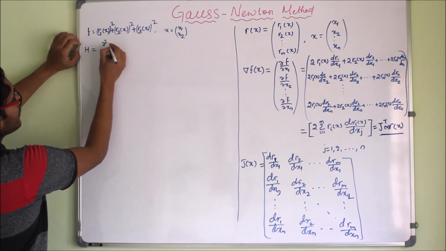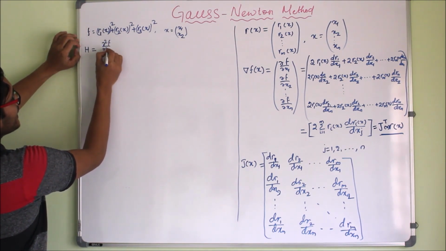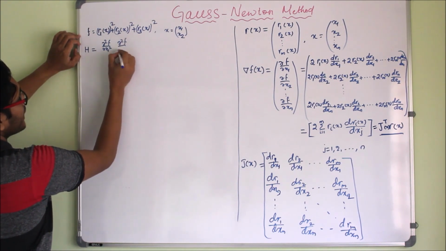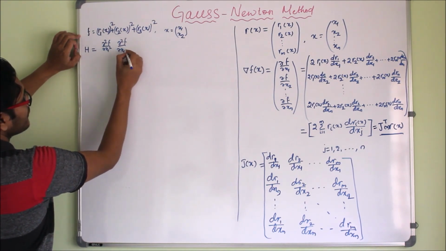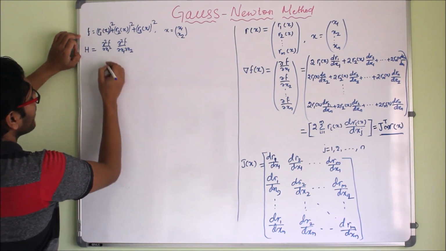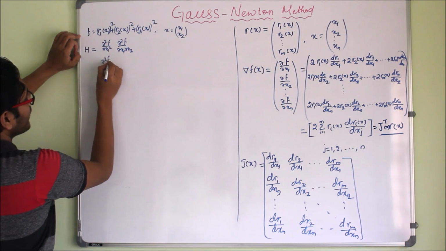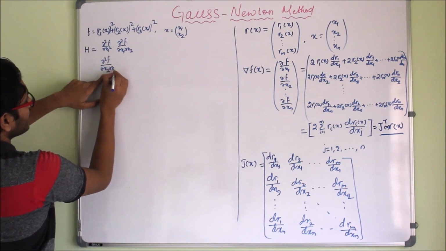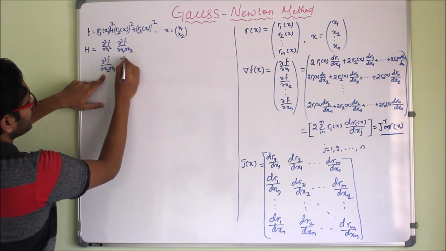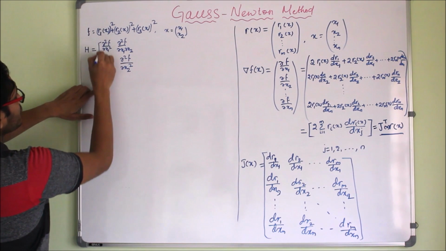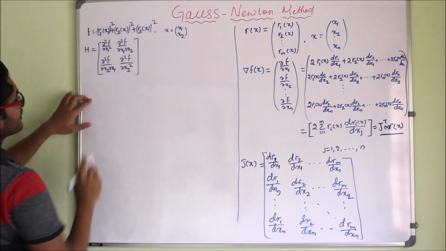So del2 f/del x1 squared, then del2 f/del x1 del x2, then del2 f/del x2 del x1, del2 f/del x2 squared. So this is our Hessian matrix.